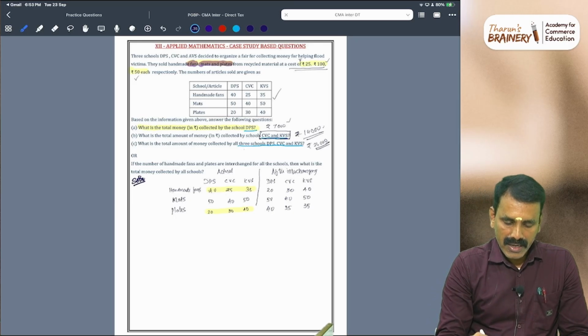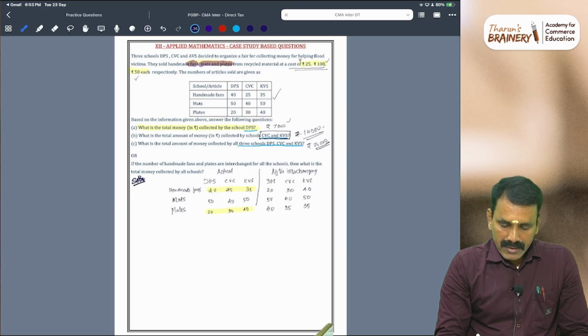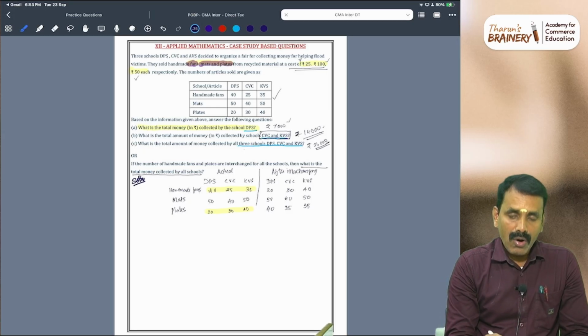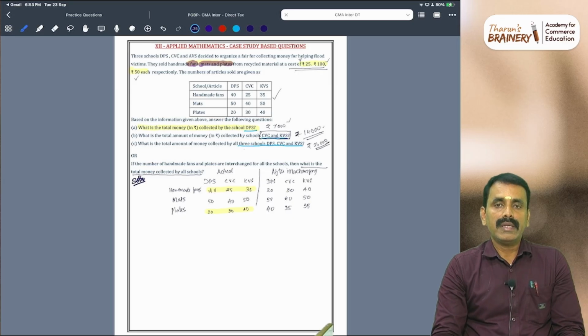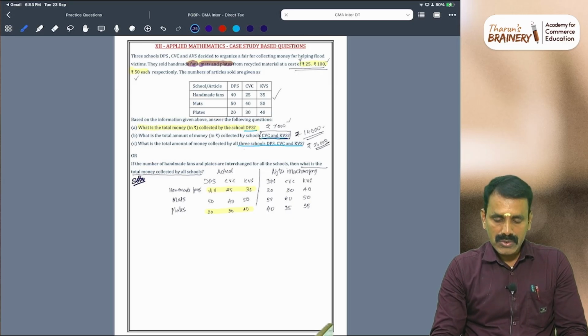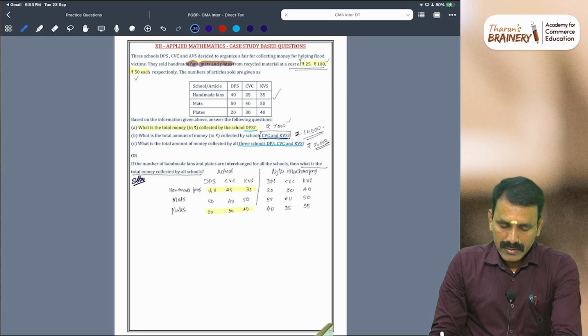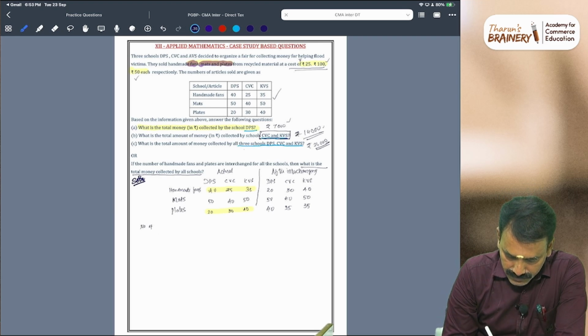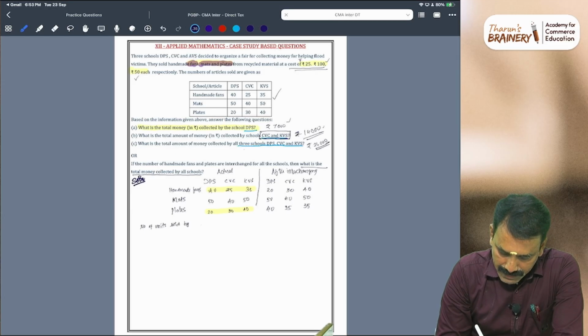Now they are asking us to calculate the total money collected by all these schools. Now we write the number of units sold by DPS.